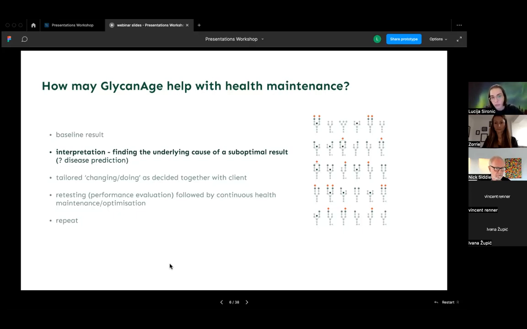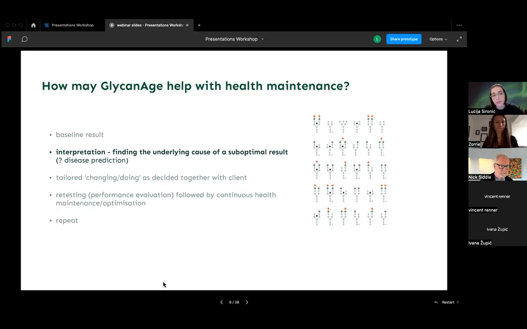It is important to understand why that is, whether it is because of a lifestyle choice that might not be the best, but also to make sure that we're not missing any disease or pathological process in the background that might be contributing to such a poor result.